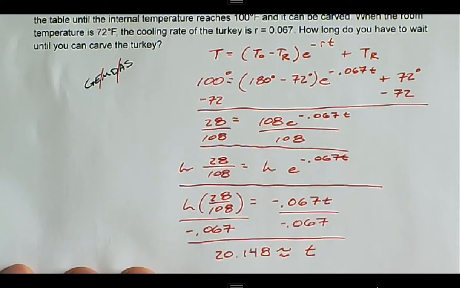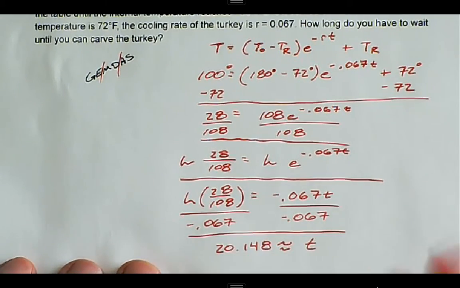And so another way that we can write that is about 20 minutes and 9 seconds. So the turkey wait time before carving is about 20 minutes and 9 seconds.